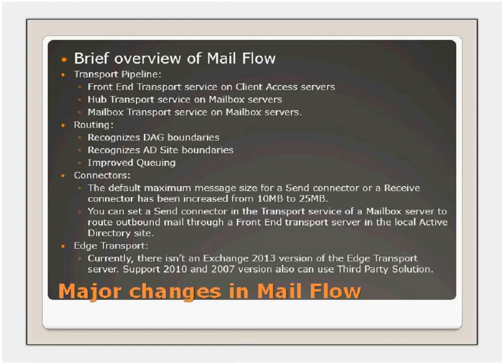So there is the transport pipeline, or the email moving around the Exchange. The pipeline has three main components: the front end transport service that runs on the client access server, the hub transport service that runs on the mailbox servers, and the mailbox transport service that runs on the mailbox server.